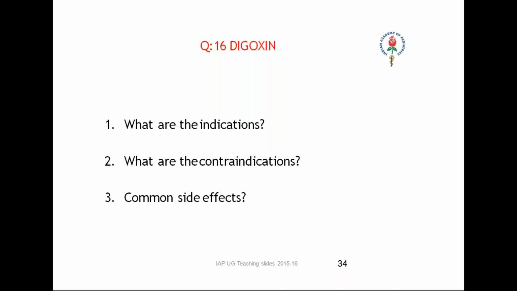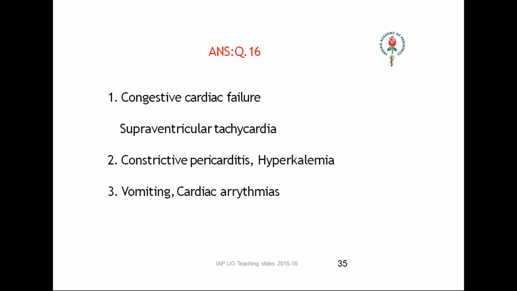What is digoxin? It is used in congestive cardiac failure, supraventricular tachycardias, and constrictive pericarditis.